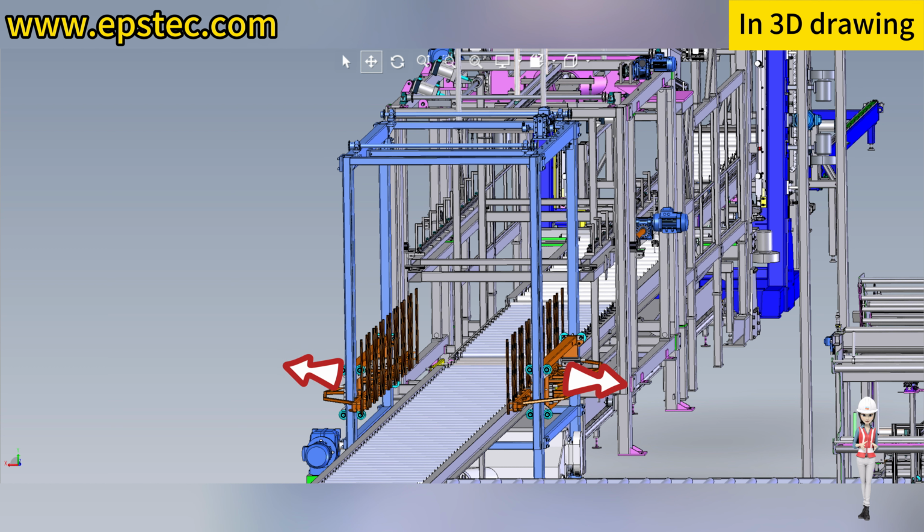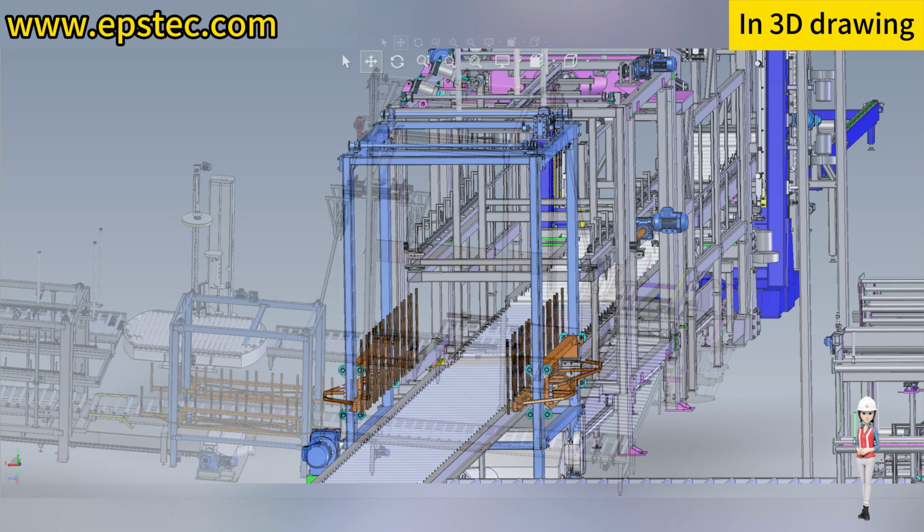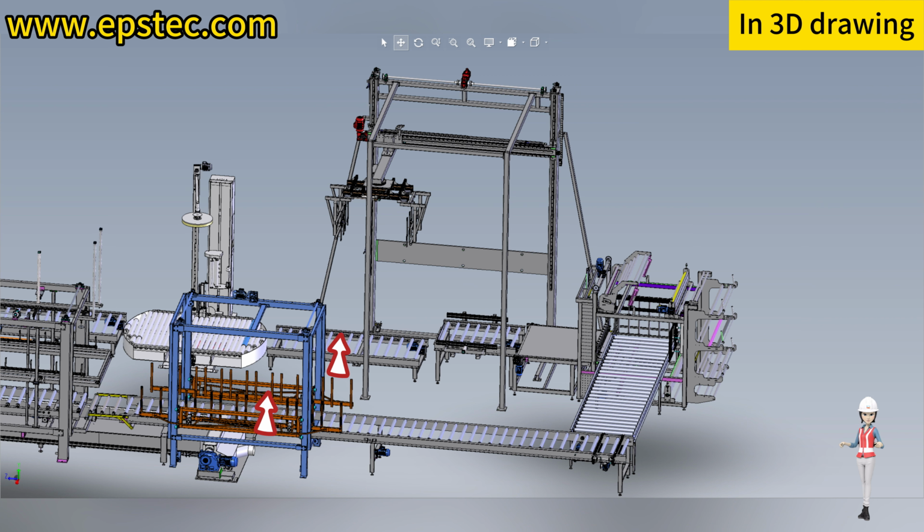After releasing the clamps, place the up layer remaining EPS boards on the lower conveyor. The destacker frame ascends to the destack waiting position, and the remaining up layer EPS boards are conveyed forward to the extended 4 meter lower conveyor so that the worker can manually deal with it.